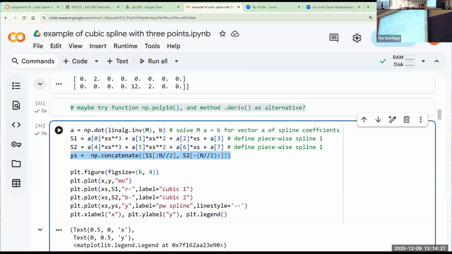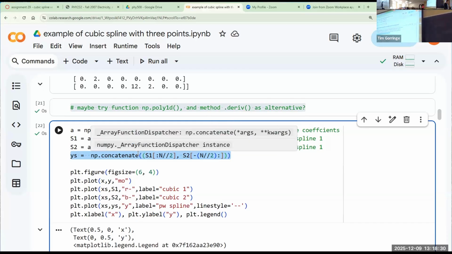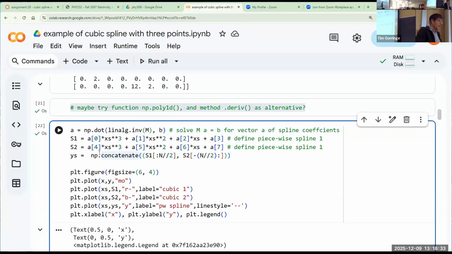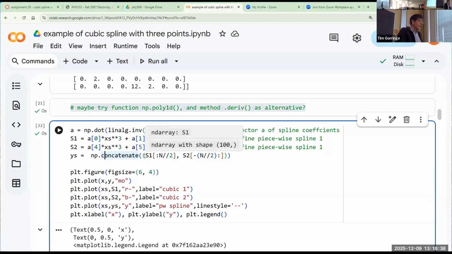So this function call here in np.concatenate, it will join together 2 arrays or 2 vectors, as we're thinking of it in this case. So I'm using it to join together the array which is a proxy for S1, the continuous variable, and the array S2 that's a proxy for the continuous variable S2. So these 2 cubics.